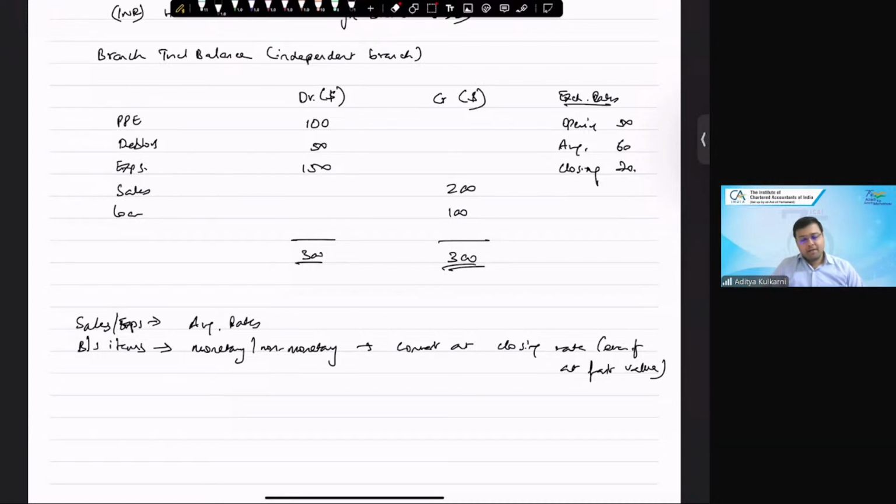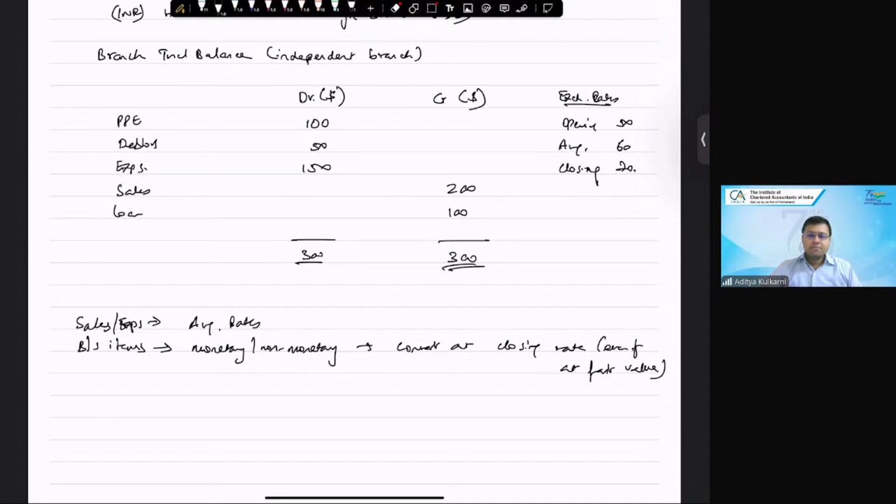The reason is simple. Because it is an independent branch. What do you mean by an independent branch? That means you are not going to get any repatriation from this branch. The branch will earn the money, that money only the branch will spend, and the branch will decide how it has to utilize the funds. Are you able to understand?